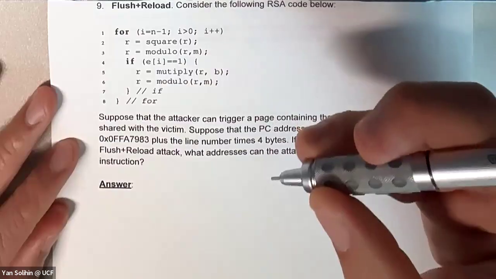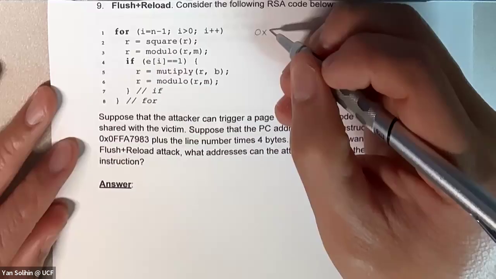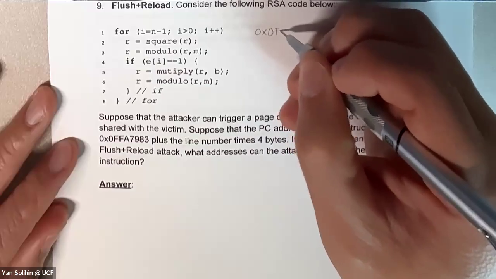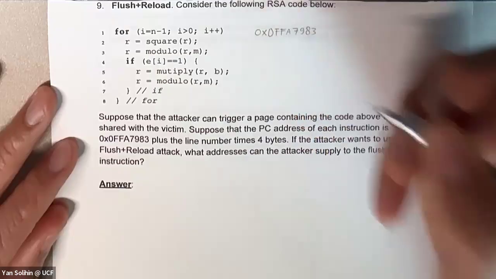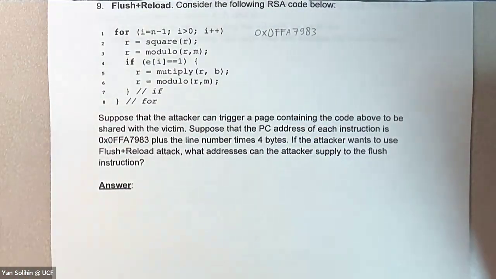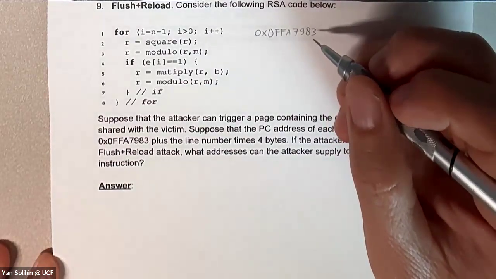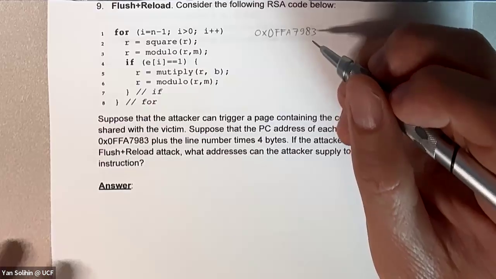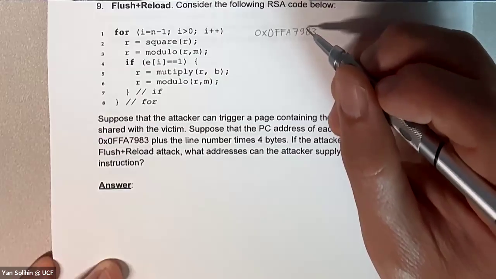The first instruction will be 0x0FFA7983.